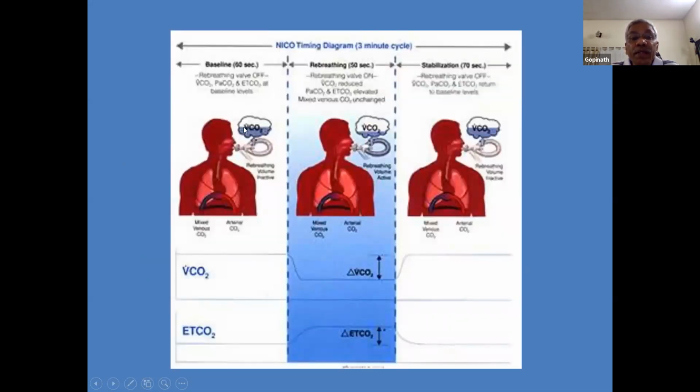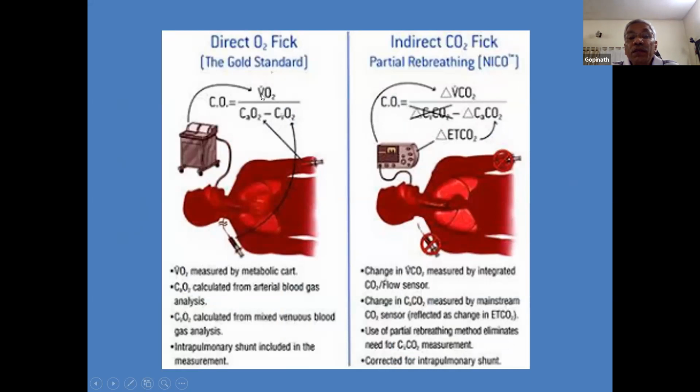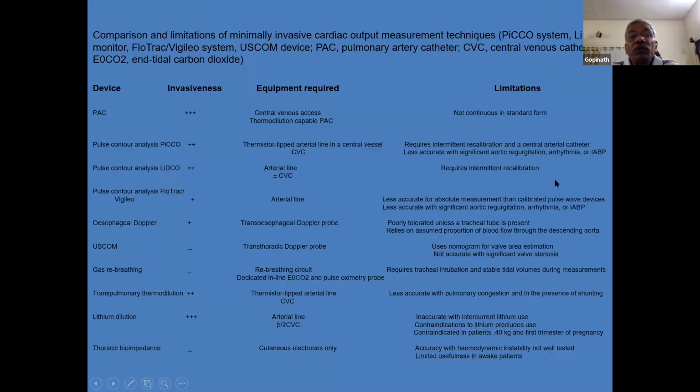So you get a baseline, then you rebreathe, and then you stabilize. And instead of using oxygen consumption, you are using elimination of carbon dioxide, while using partial rebreathing techniques. To summarize, we have various methods, and this slide will be available to you on the recording.